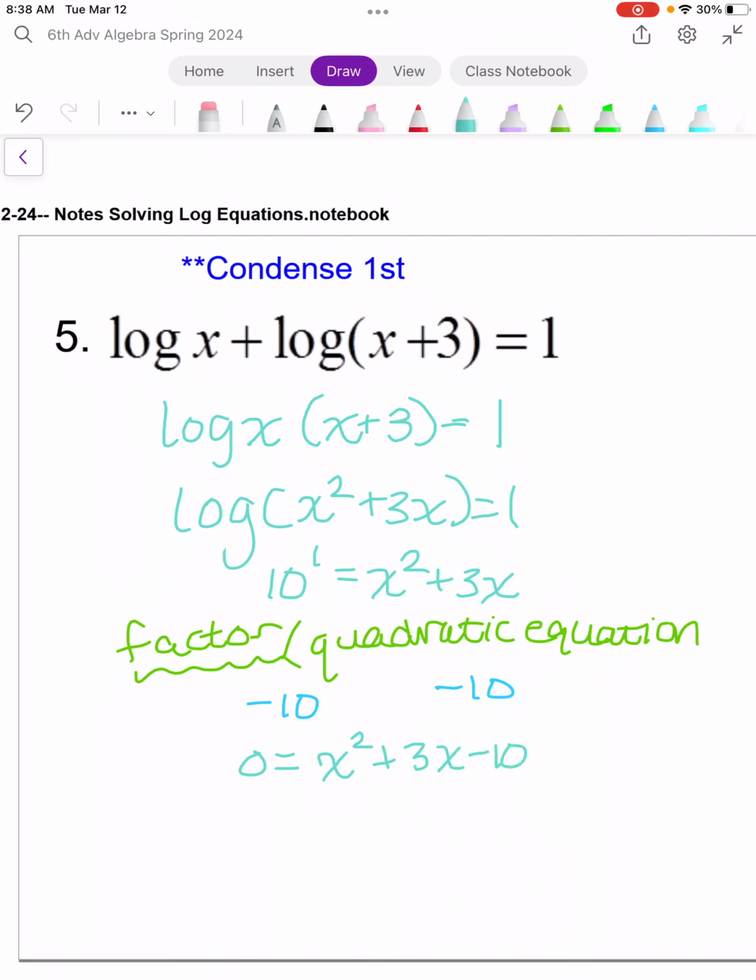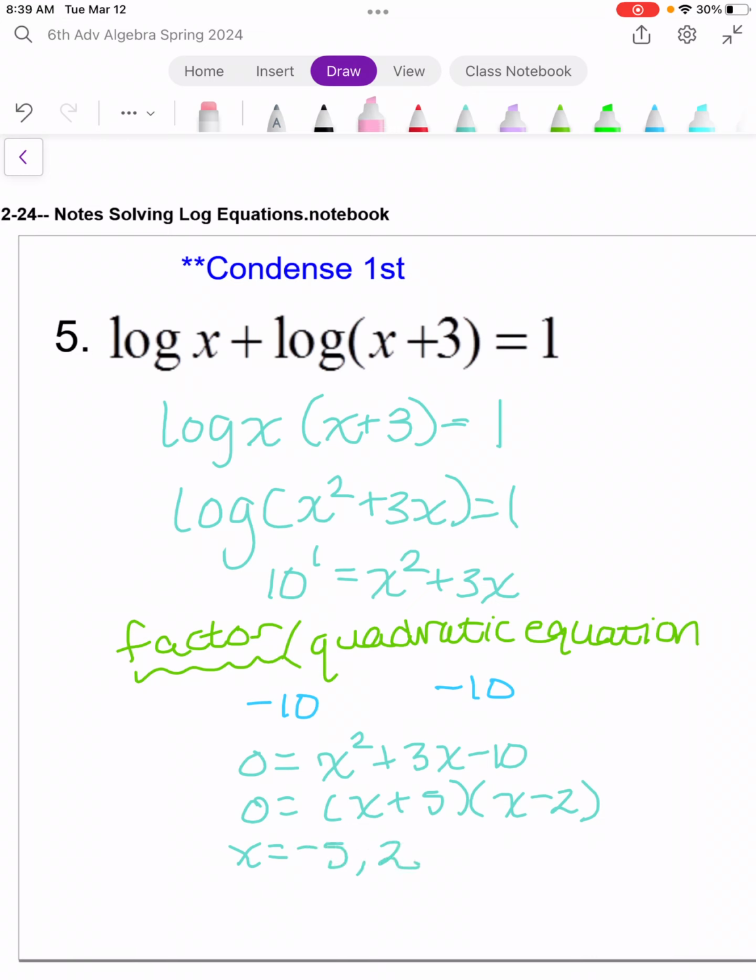So to factor this, what two numbers multiply to negative 10 and add to 3? Those are x plus 5 and x minus 2. So my two solutions here would be negative 5 and 2. But I need to check, right? I need to check from my original equation here.